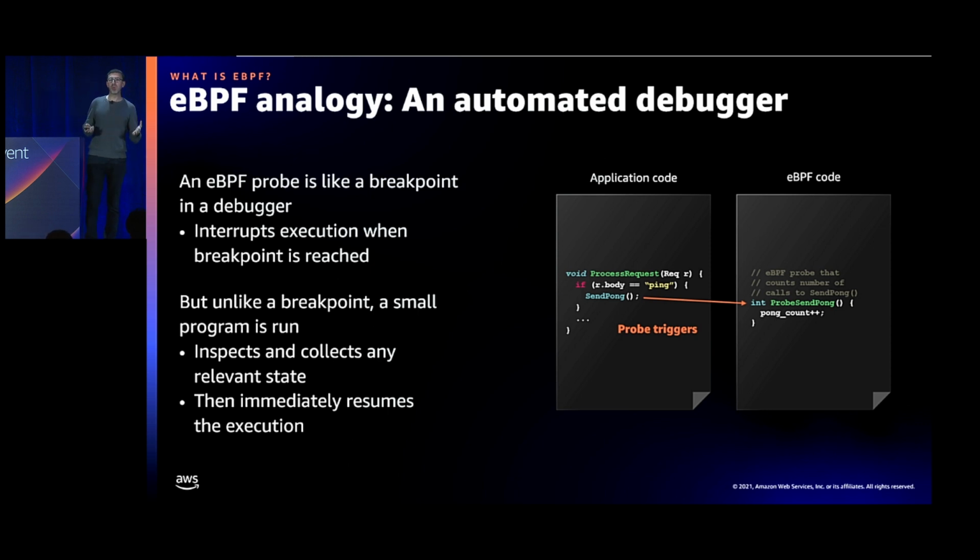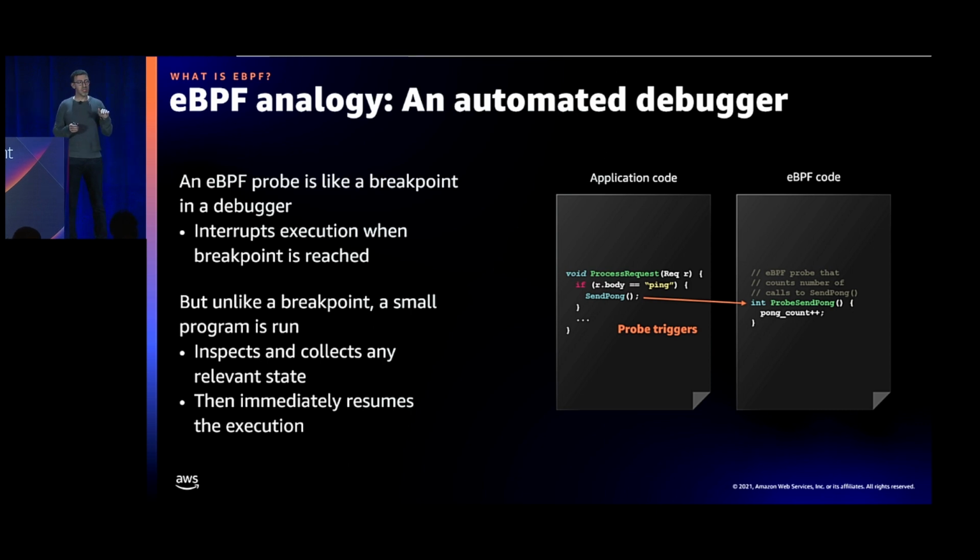If anyone's ever used a debugger, you set a breakpoint on a certain function and say, when I reach this function, stop the execution of the program because I want to poke around and see what's going on. I want to see the value of a particular argument or variable at the point where I set the breakpoint. An eBPF probe, as it's called, is very similar. You specify a location in the code where you want to put a trace point. So instead of a breakpoint, it's a trace point, but it's analogous.